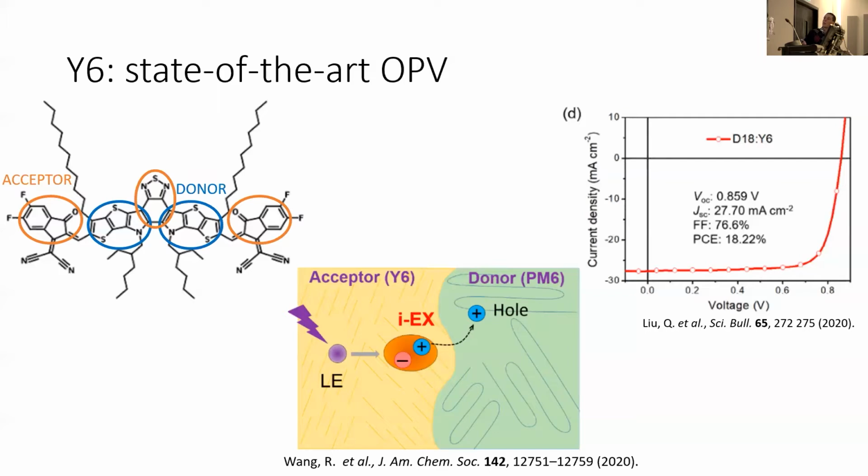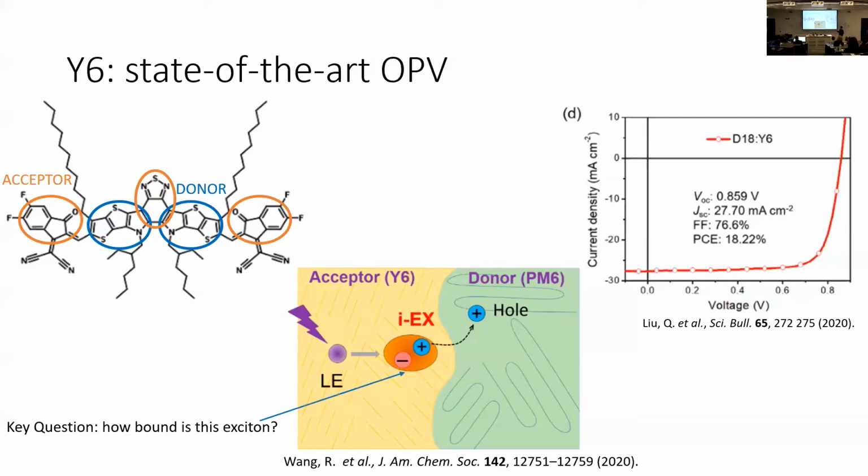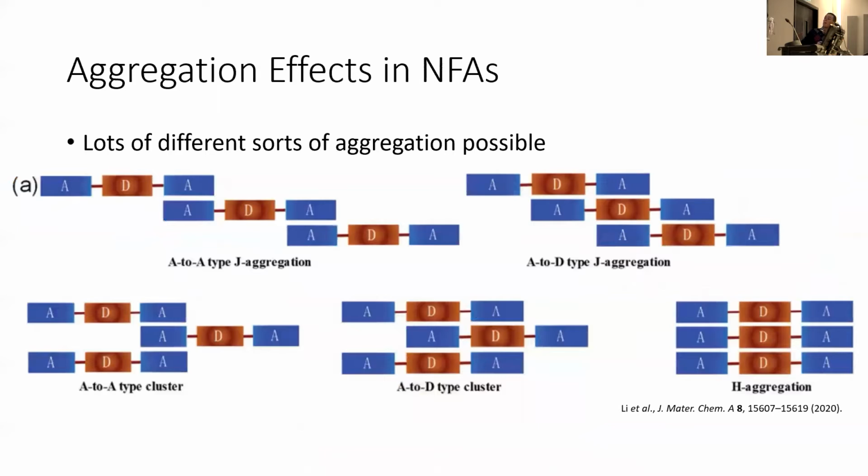So you can see the hole eventually gets over here to the donor, but it's semi-separated here. The question that I wanted to ask was, how bound is this exciton? Is it two charges on different molecules, or two charges on the same molecule? Can we do a little bit better than they managed to do in that paper? But first of all, I need to tell you some more theory.